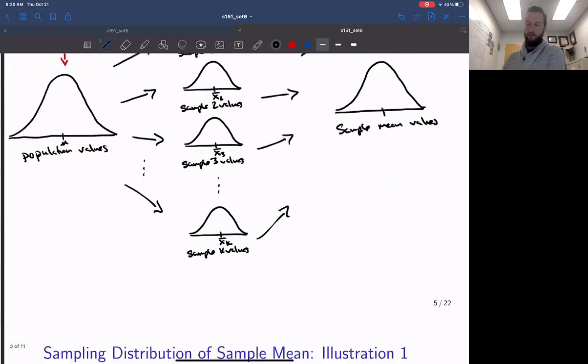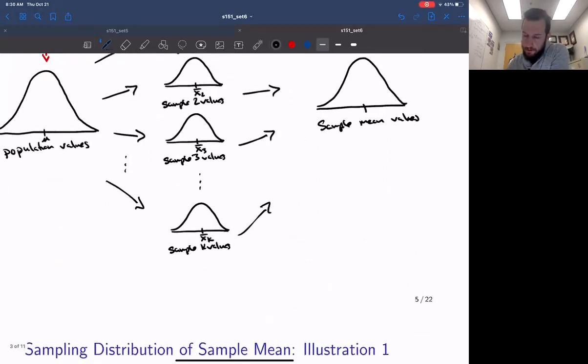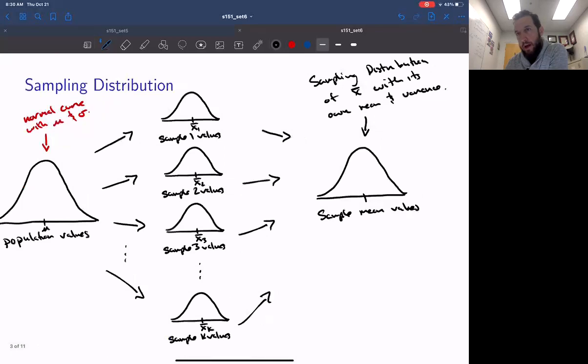Okay, so just real quick, again, I've written here, so this last image, this last curve is the sampling distribution, and it has its own mean and variance. So now what we need to do is say, I understand what the sampling distribution is, what are the mean and the variance.